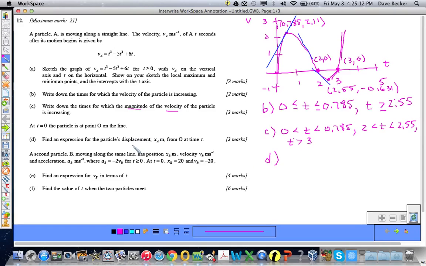Find an expression for the particle's displacement, x sub a, from 0 at time t. Okay. Well, displacement is the integral of velocity.